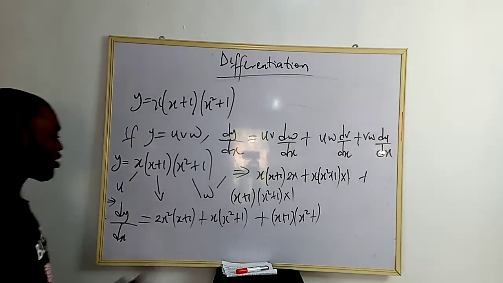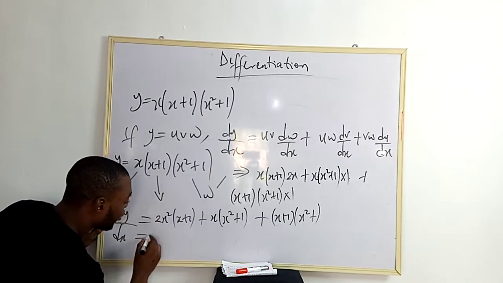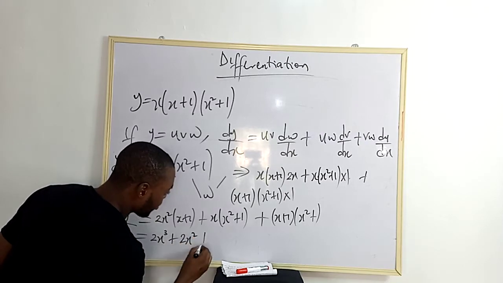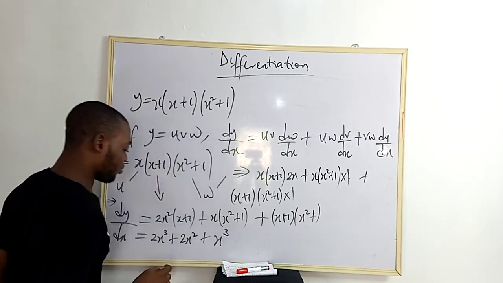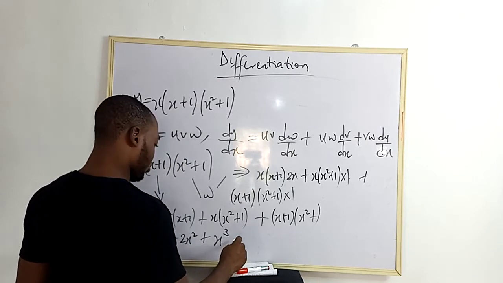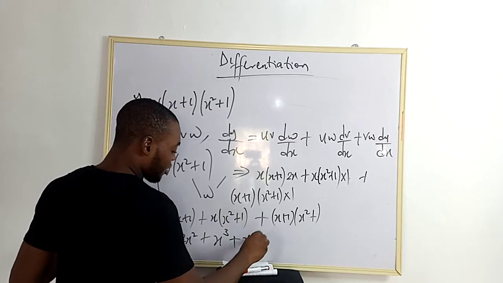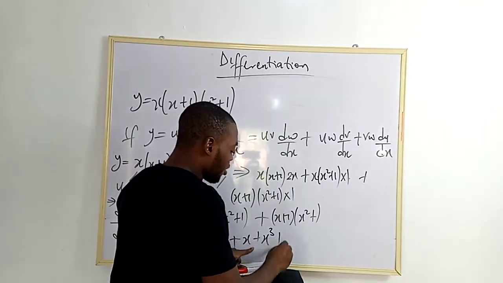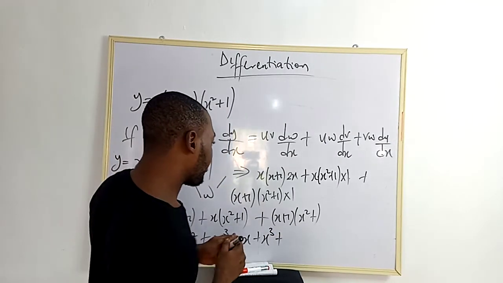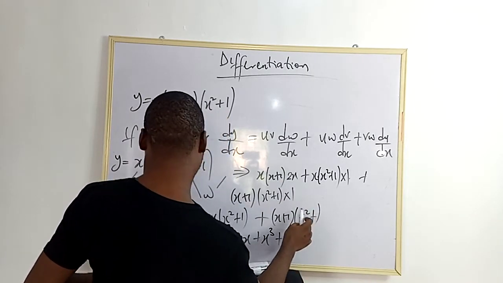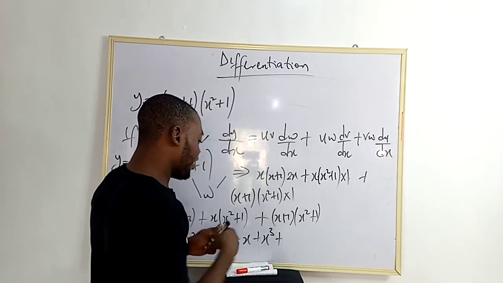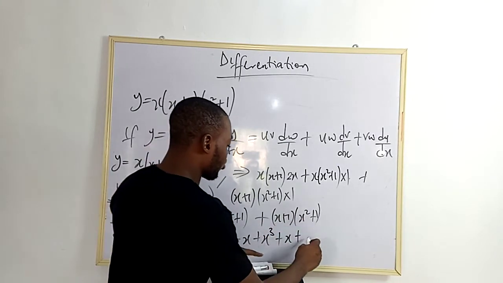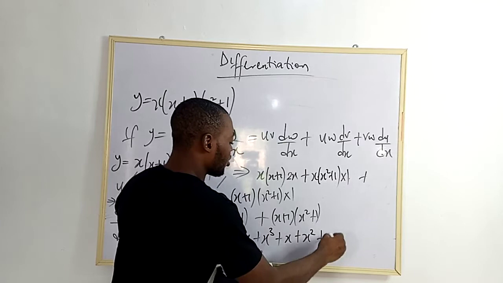So what you're going to do is just open the bracket and expand through. 2x squared times x, that's 2x cubed, plus 2x squared times 1, that's 2x squared, plus x times x squared, that's x cubed, plus x times 1, that's x, plus, so you have x plus 1 times x squared plus 1: x times x squared, x cubed, x times 1, that's x, plus 1 times x squared, x squared, and 1 times 1, so that's 1.